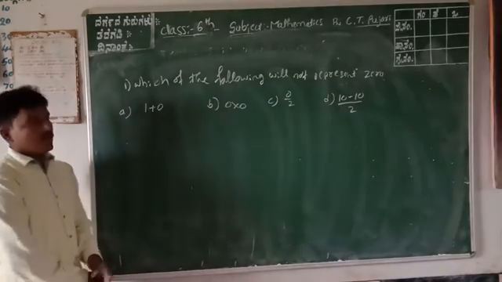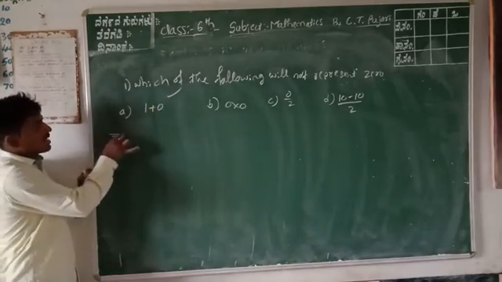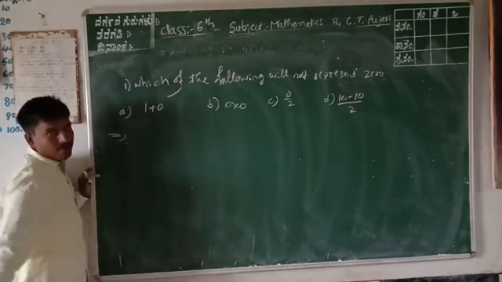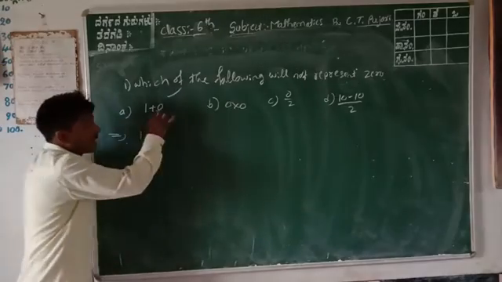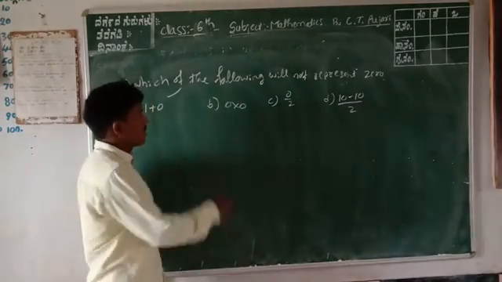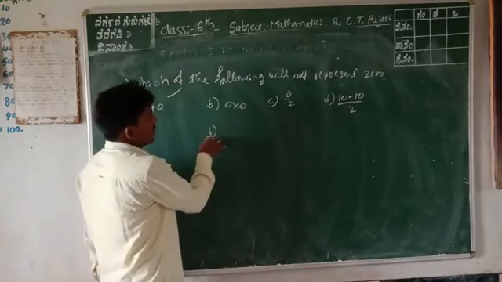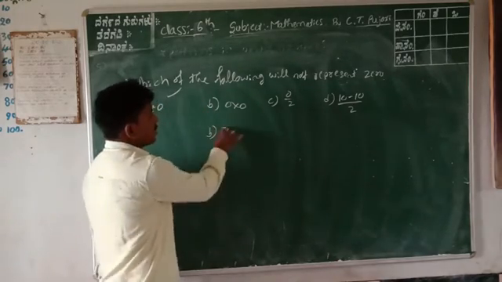The one that does not represent 0 is the first one, 1 plus 0. 1 plus nothing is only 1. Next, 0 into 0 is 0. 0 into any number is always 0. Got it?